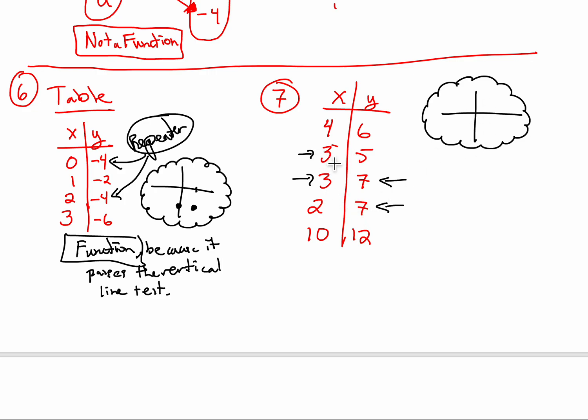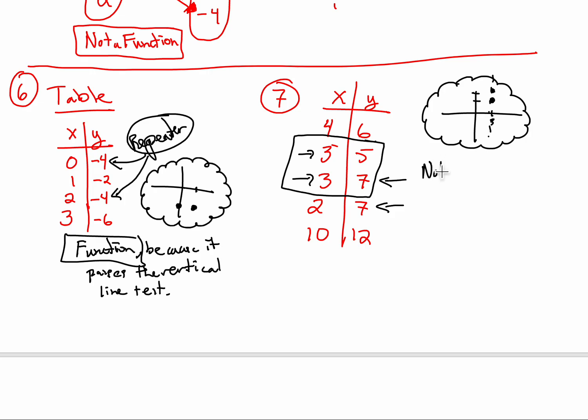So I'm going to graph the 3's first. So 3, 5: over 3 and up 5, over 3 and up 7. Aha! There it is right there. So these 2, it's because the 3 has 2 outputs.